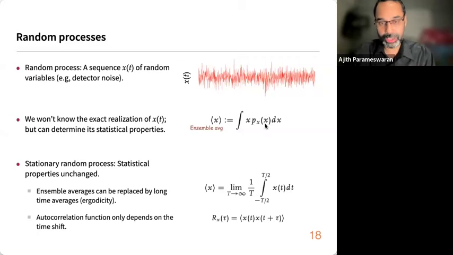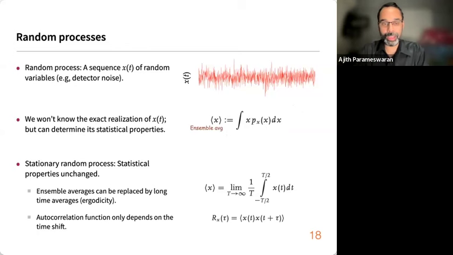If x is following some probability distribution p(x), then the first moment is the mean. It's basically x times p(x) integrated over the value of x, and this is called the ensemble average.